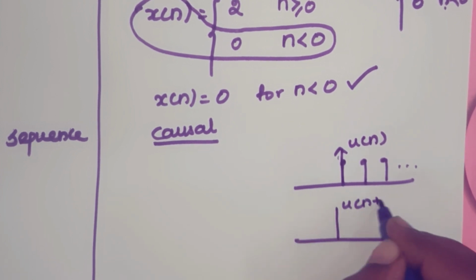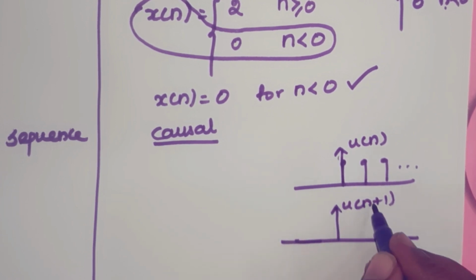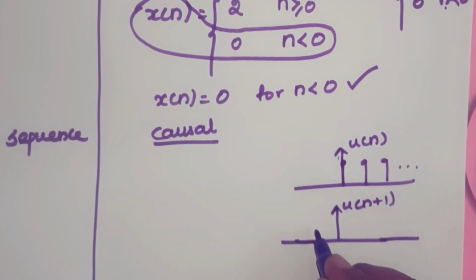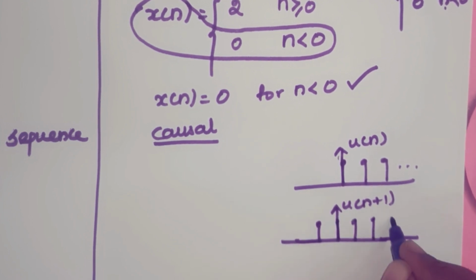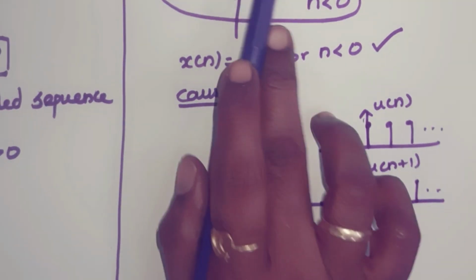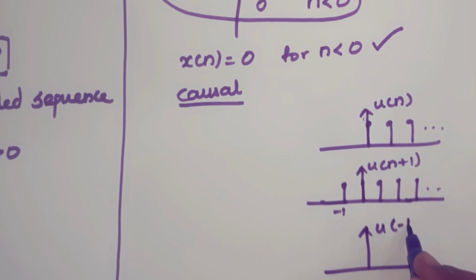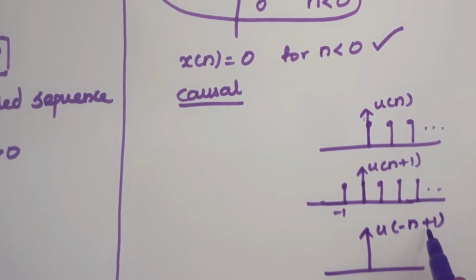Here is u of n. For u of n plus 1, that is an advance, you have to shift the signal to the left by 1 unit. So this is minus 1. Next you have to find u of minus n plus 1. For minus n, you have to reverse it, time reversal.